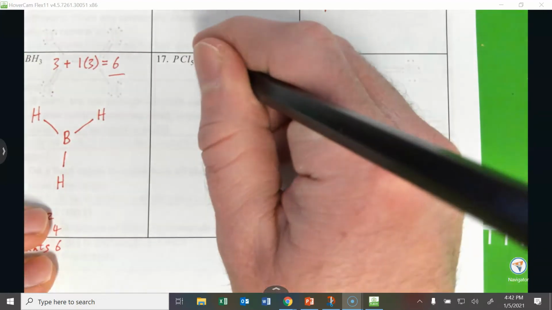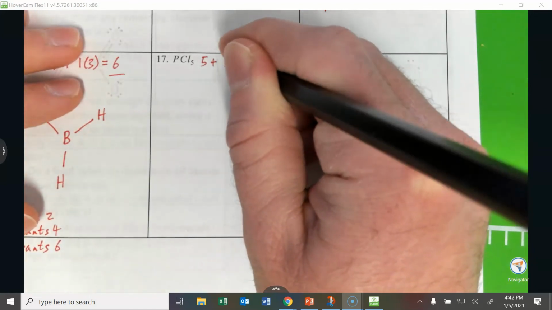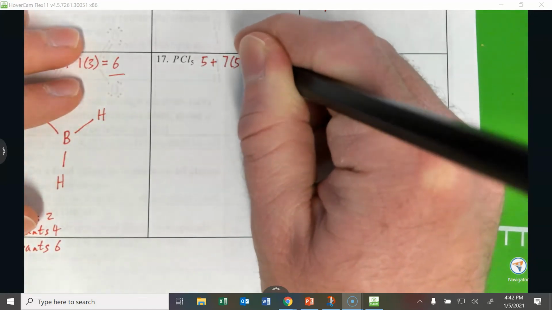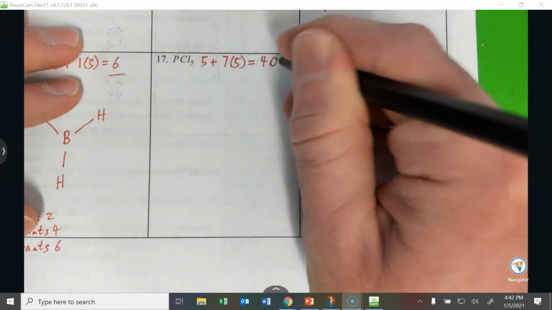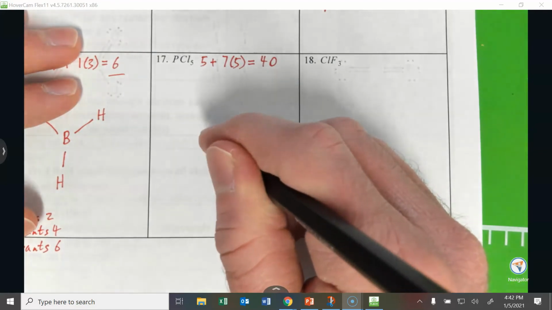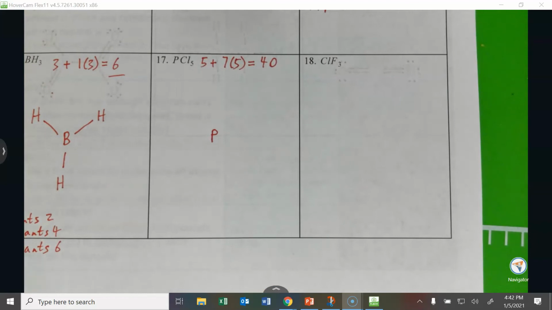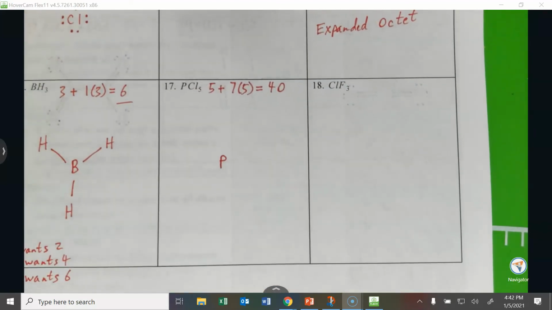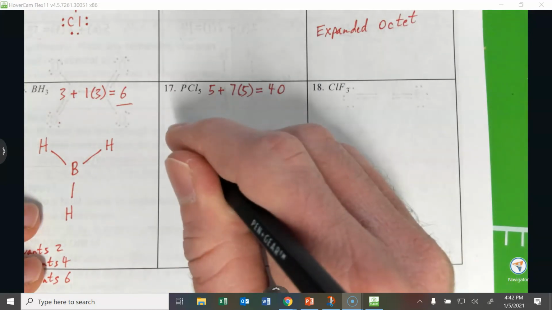Phosphorus has 5 valence electrons. Chlorine has 7 multiplied by 5. 35 plus 5, that gives us 40. Phosphorus is going to go in the middle, and I need to draw 5 chlorines around it. Normally we only have about 4. Well, this time we've got some extras, so we're going to draw 5 chlorines.